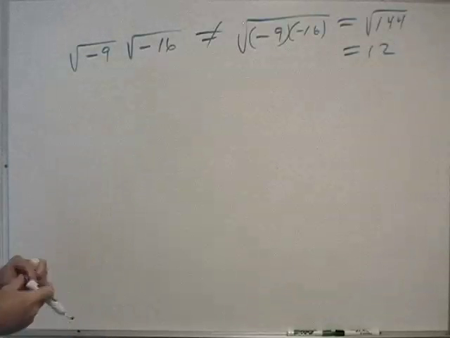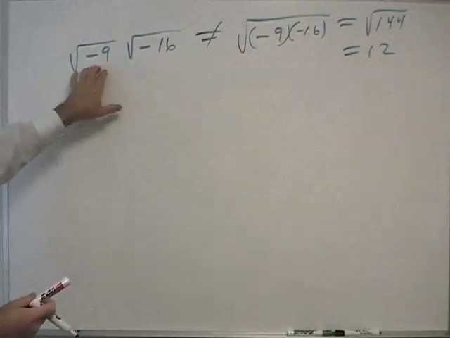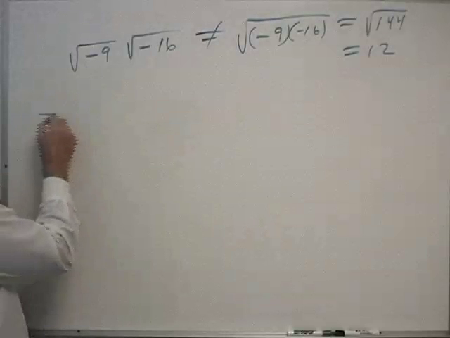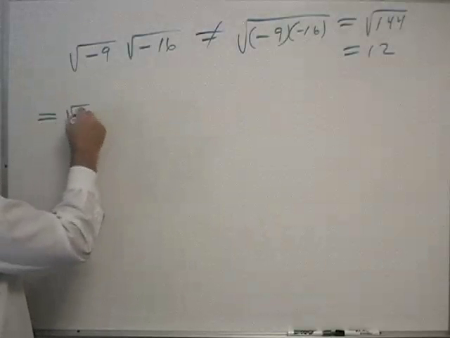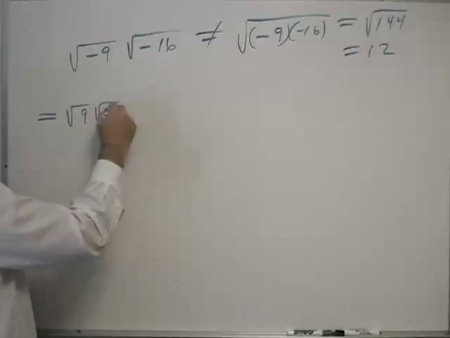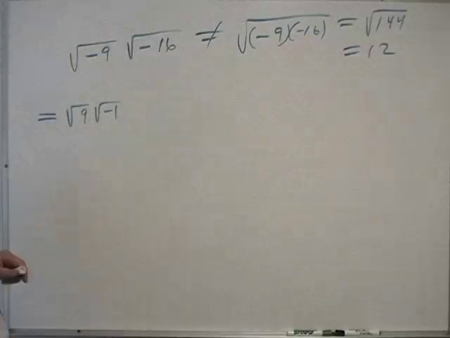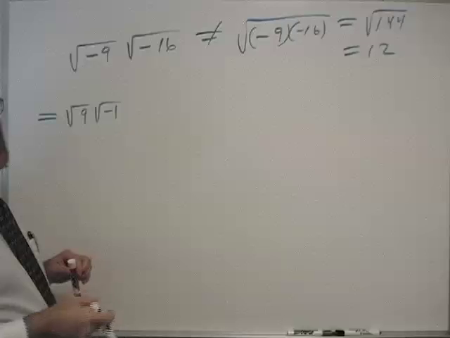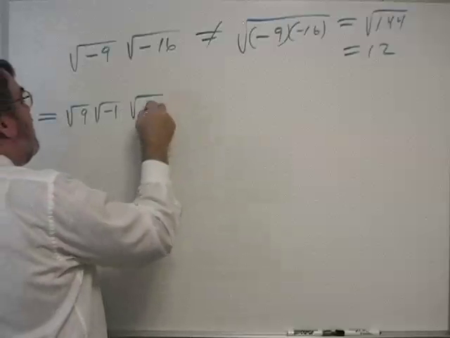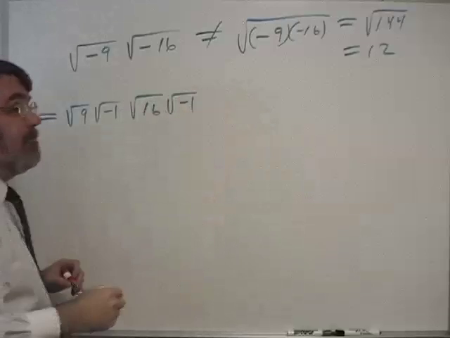What has to happen is this. We think of the square root of negative 9 as the square root of 9 times the square root of negative 1. And we think of the square root of negative 16 as the square root of 16 times the square root of negative 1.